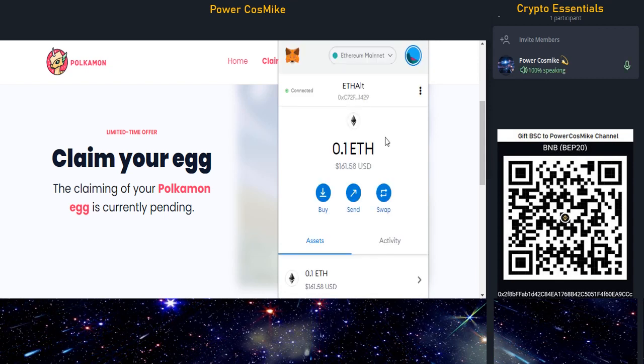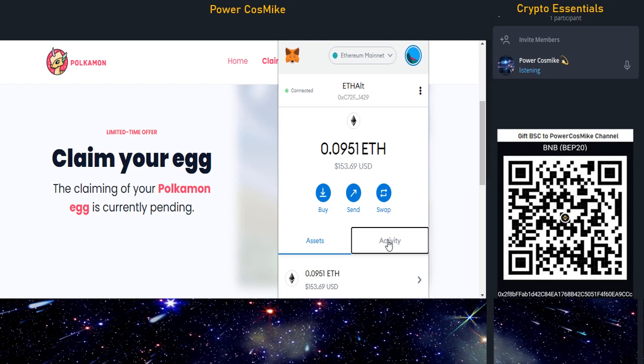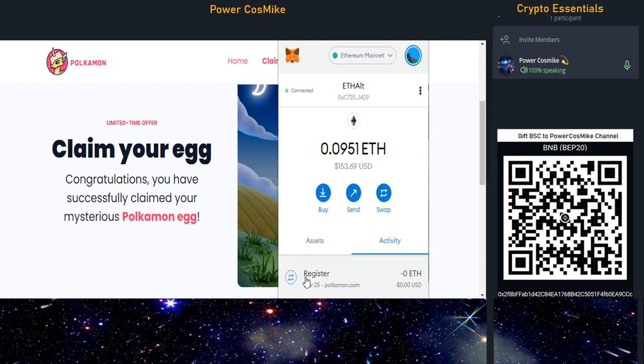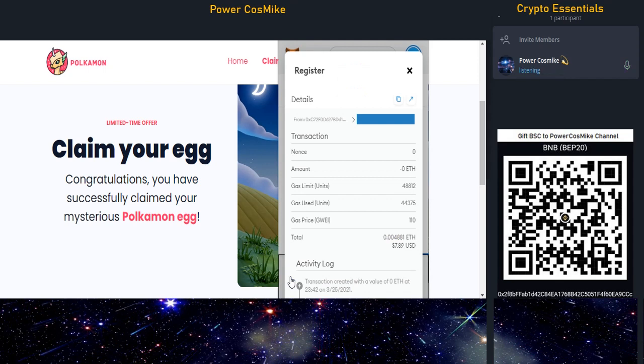In your wallet, you will have an activity tab here. The activity tab will show you the latest transaction that you made at the top. And you can click on this little button here, and it'll show you the summary information about your transaction. So here, this is what the transaction ended up actually costing.